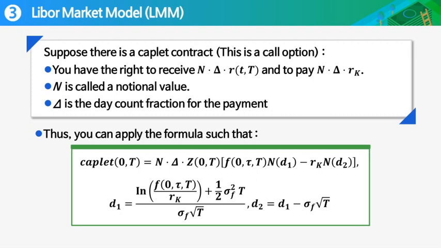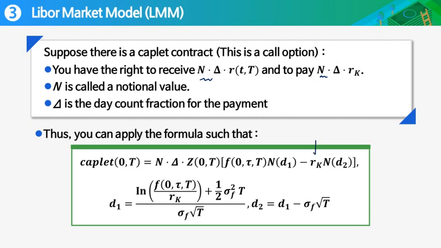So we have to multiply by the notional value, and this delta is a day count fraction for the prepayment. Thus, you can apply the formula such that the caplet price at 0, t, because it's a call option, and we have this term, we can put this one outside. So N delta Z discount of F and d1 minus R K and d2, right?